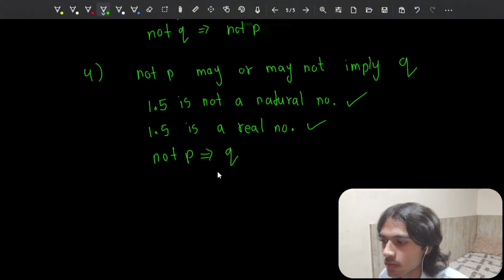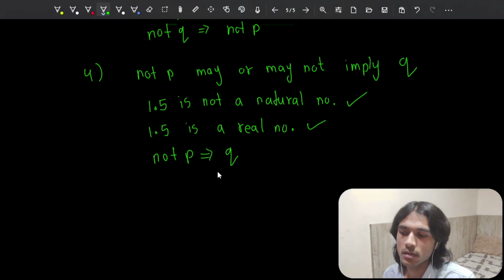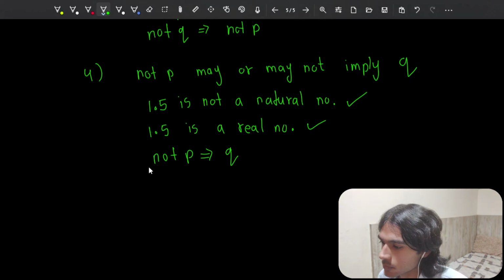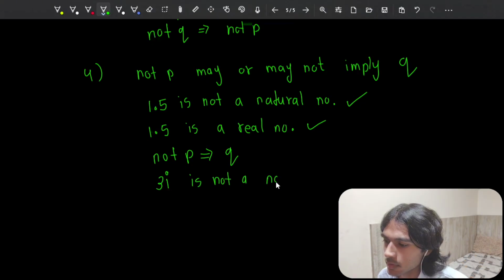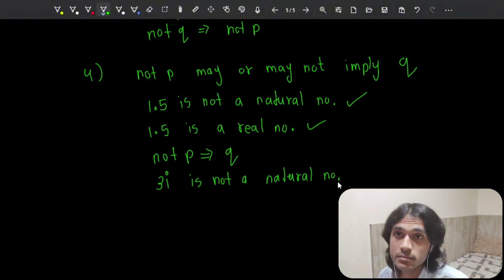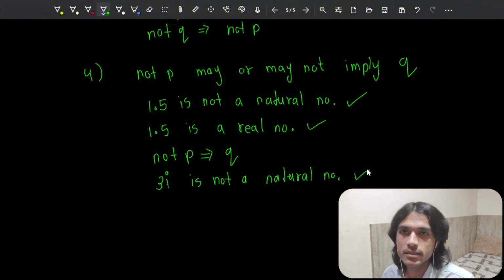Now I'm going to take a look at another case where not P will imply not Q. So let's just say 3 iota is not a natural number, right? So what does that mean? It simply means that this statement is right.